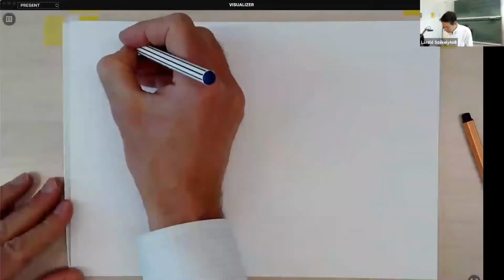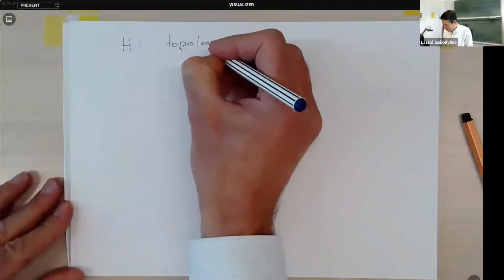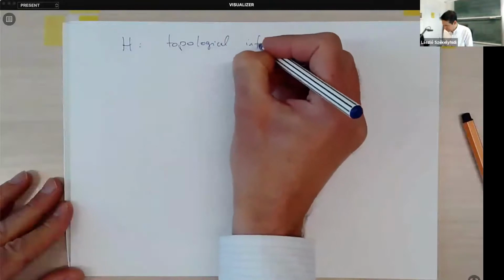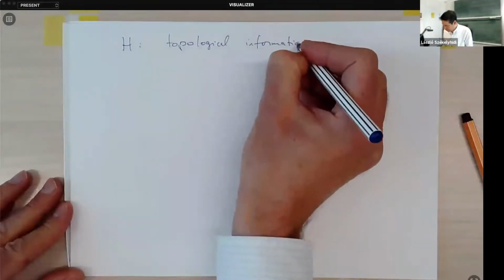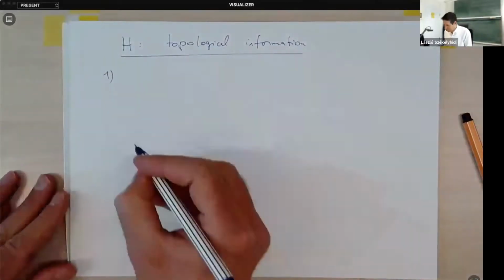And so the key point is H has some topological information. The easiest way to see this is that H is diffeomorphism invariant.